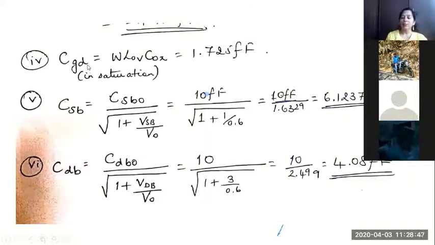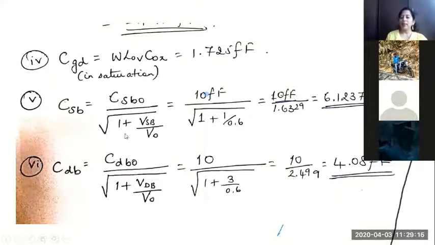CGD, if I compute in saturation, ideally CGD was 0. We saw that because at the drain end, the channel was pinched off. But because we have to add the overlap capacitance to that, it is 0 plus W LOV COX, which is 1.725 femtofarad, already computed. Finally, we have to find the capacitance between the source and substrate, CSB.